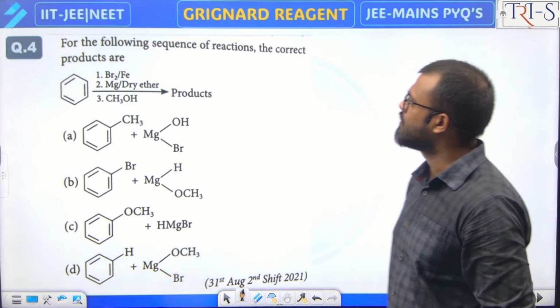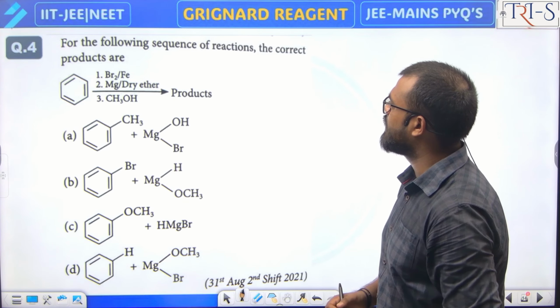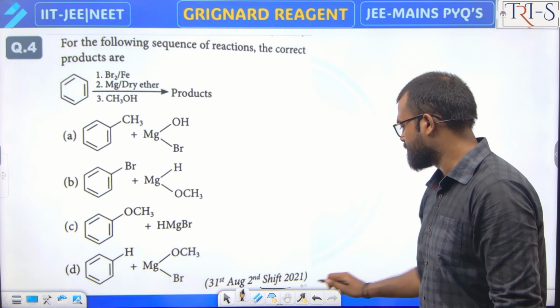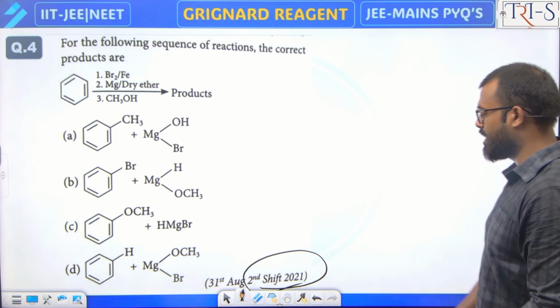Next question, 4th. For the following sequence of reaction, the correct product. This question appeared in the second shift of JEE-mains 2021.